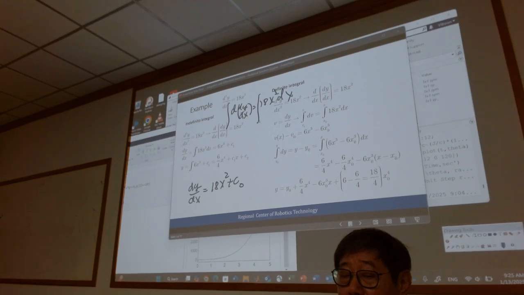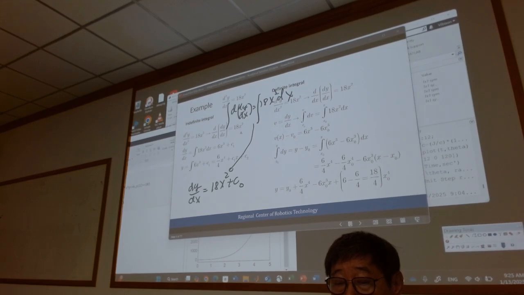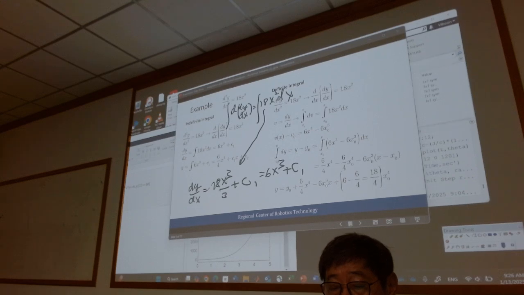So this one equals this one. Integrating, 18x squared divided by 3 plus c1, where c1 in this case is a constant. Integrate one more time, y equals 6x to the power of 4 divided by 4 plus c1 x plus c2.